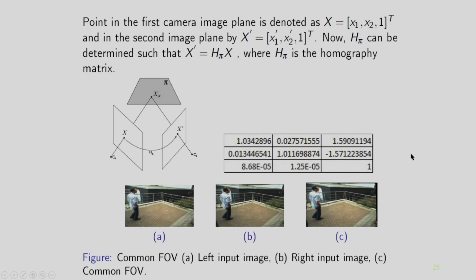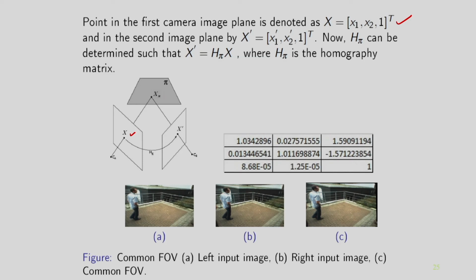So in this case I have shown two images. The first one is the left image, another one is the right image. A point in the first camera image plane is denoted by X. The point is represented by x1, x2, 1, that is in the homogeneous coordinate system.